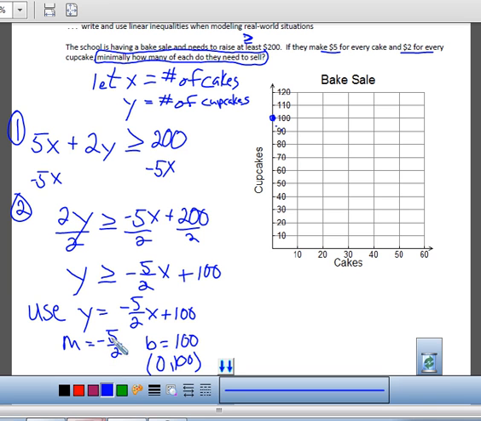But what I notice is, an equivalent fraction would be 50 over 20. So I could go down 50, so from 100 down to 50, and over 20, and I have a nice point right there. And same thing, down 50 over 20, and I'm right there.